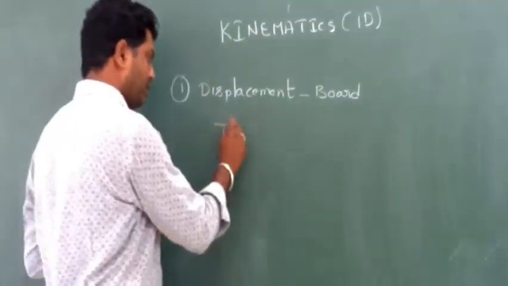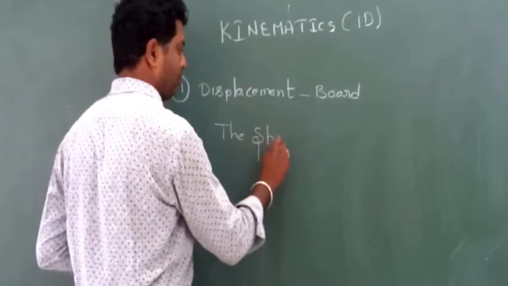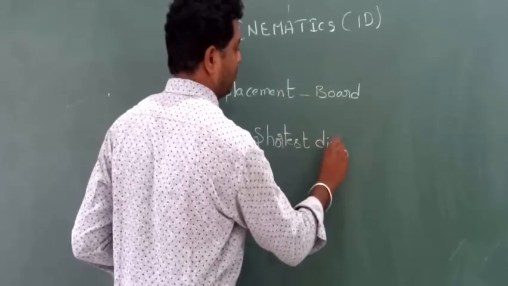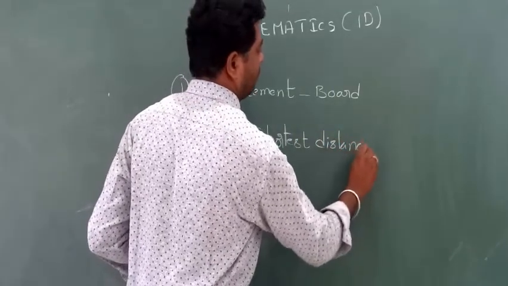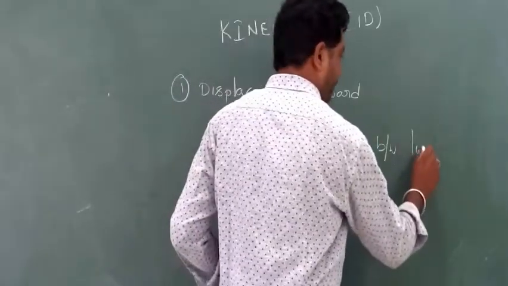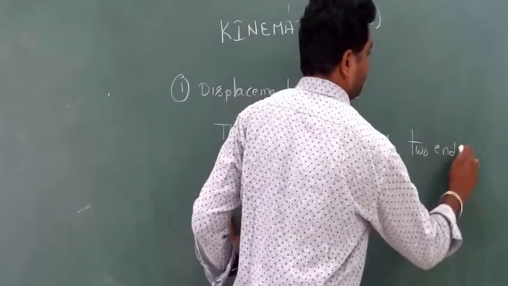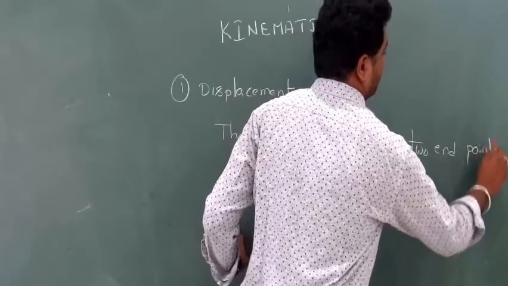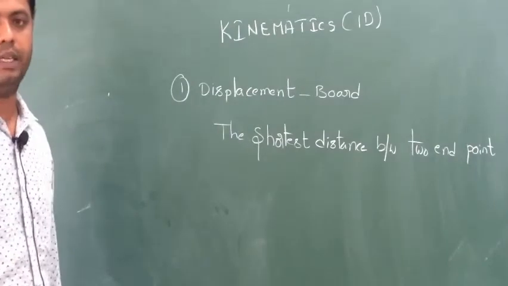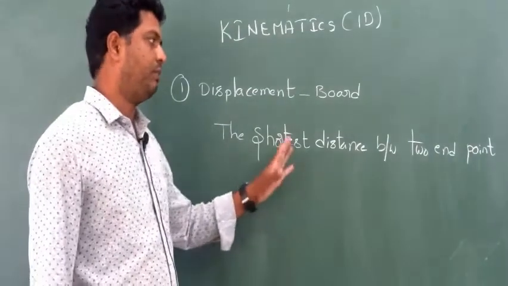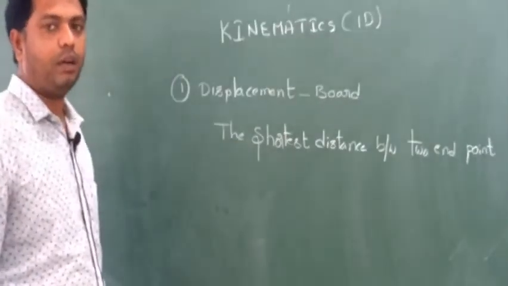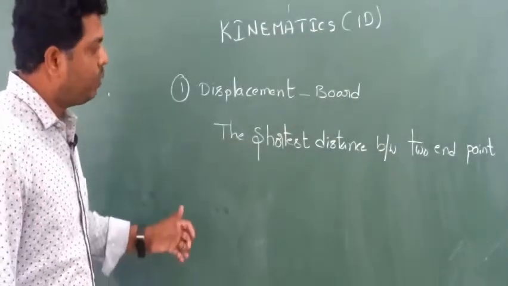Displacement is the shortest distance between two endpoints. This is the definition of displacement. The shortest distance between the two endpoints is called the displacement, or the short route between the two endpoints.